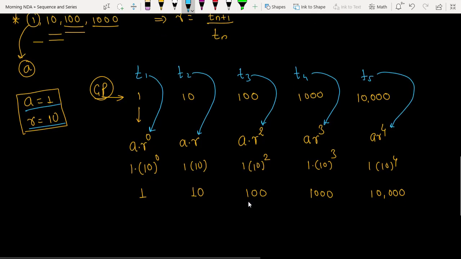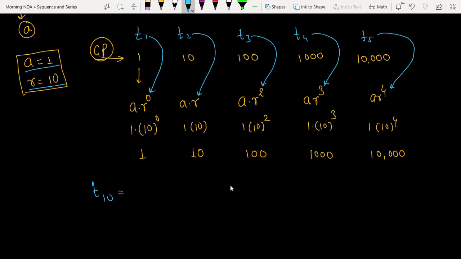Now if I ask you in this sequence, what is the T10 term? A into R raised to 9. Excellent. If I ask you the T27 term, it is A R to the power 26. Whatever the term number is, reduce the power of R by one. That's it. This is the only trick. Are you getting the point?